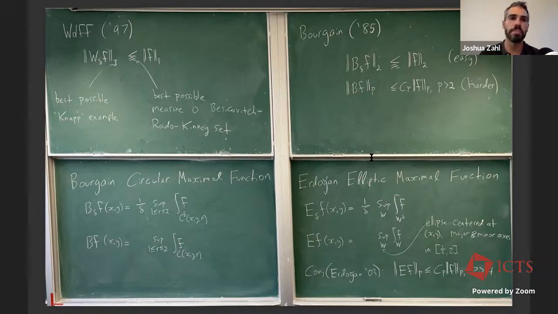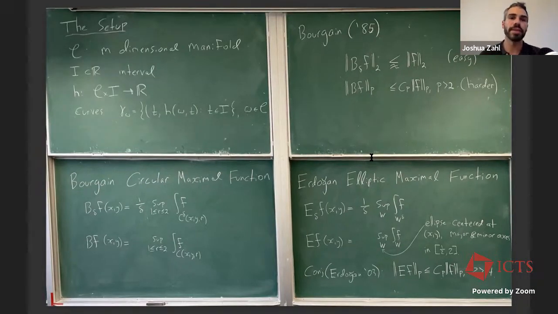And so one possible way to set things up is we could talk about a family of curves. And one way to talk about a family of curves is we could say, well, I have some manifold, which I'll call C, and I have an interval. And I'm going to think of my curves as being, so what I've written here is gamma sub omega.